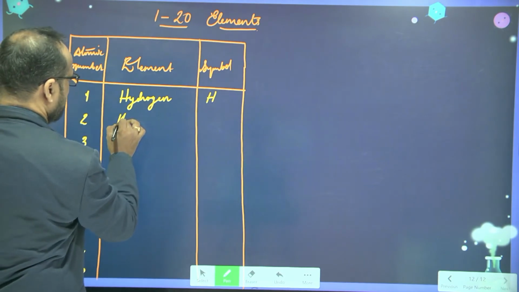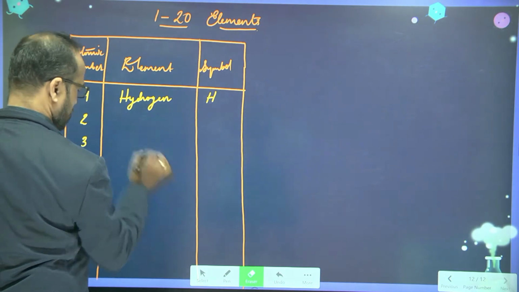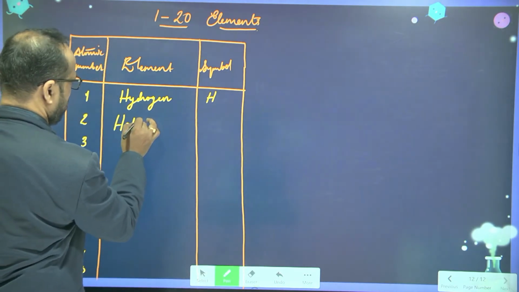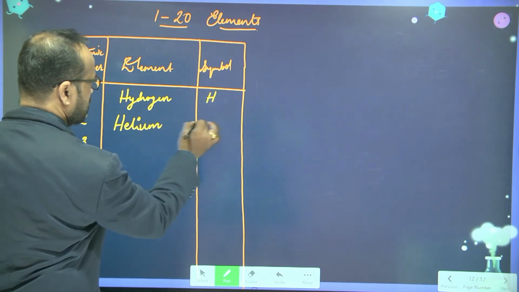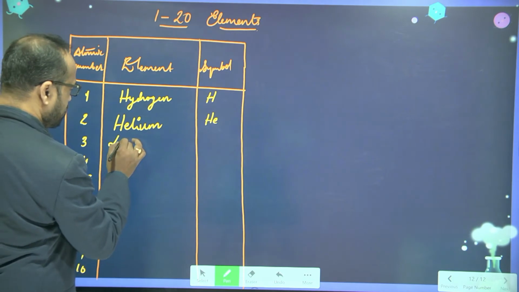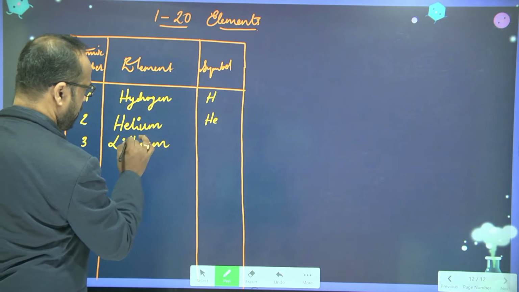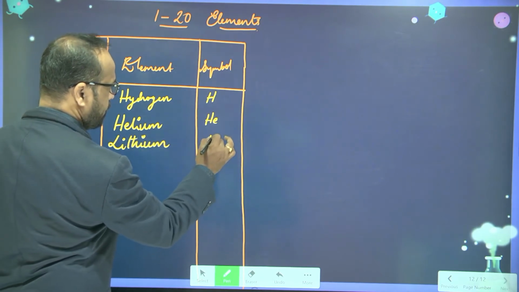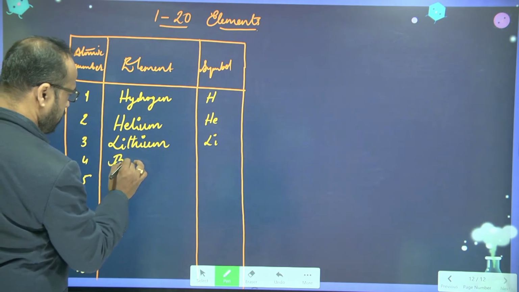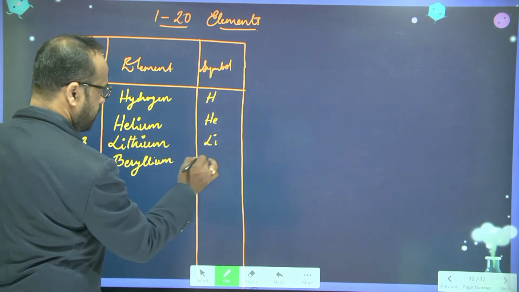Next is helium, symbol is He. Next, lithium, Li. Next is beryllium, Be.